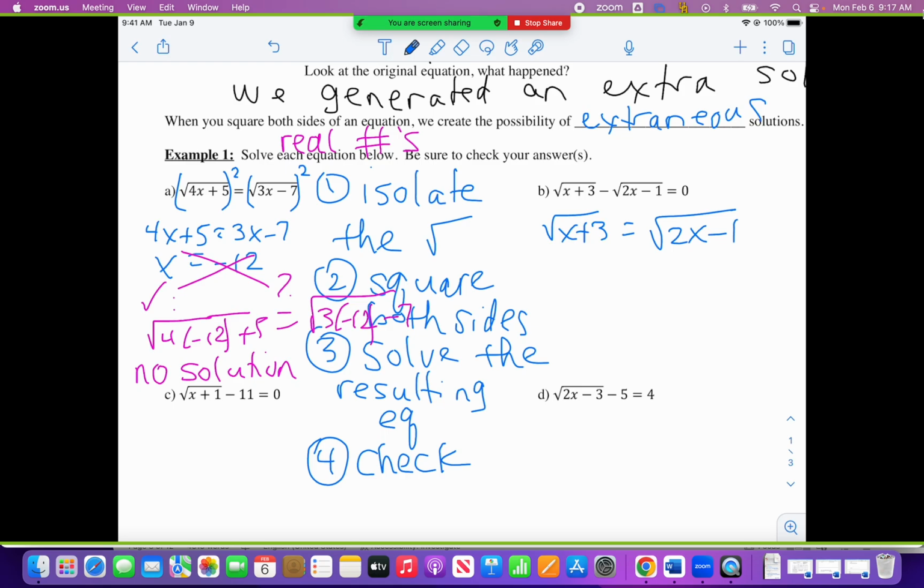Step 2, square both sides. So we get x plus 3 equals 2x minus 1.